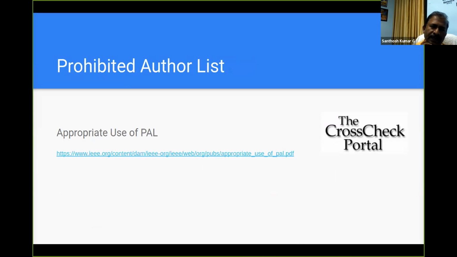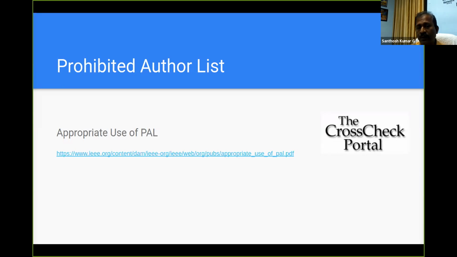Along with that, IEEE has another list which is called the prohibited author list. IEEE has a very stringent mechanism to get rid of all kinds of plagiarism. Suppose an author submits a paper in which the technical program committee or program chair detects a huge content which is being plagiarized.